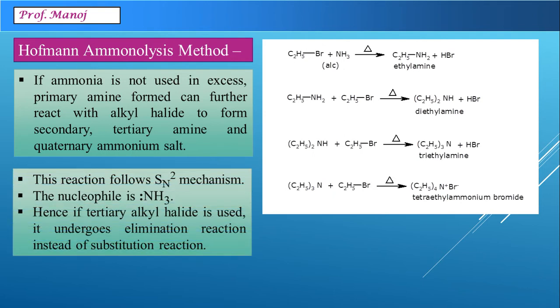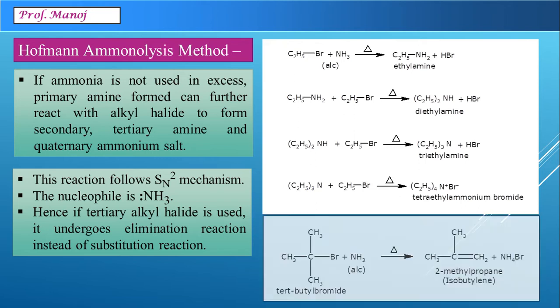This reaction, as we said earlier, follows SN2 mechanism. The nucleophile here in the first step is NH3 with its lone pair, and if suppose tertiary alkyl halide is used, instead of showing substitution reaction, it shows an elimination reaction.